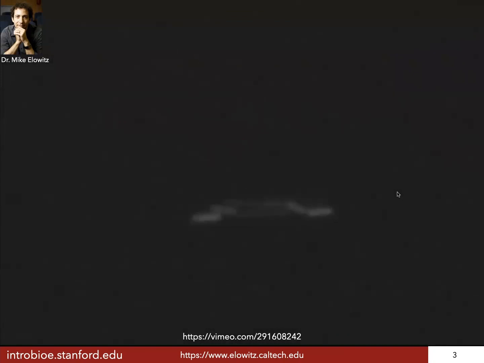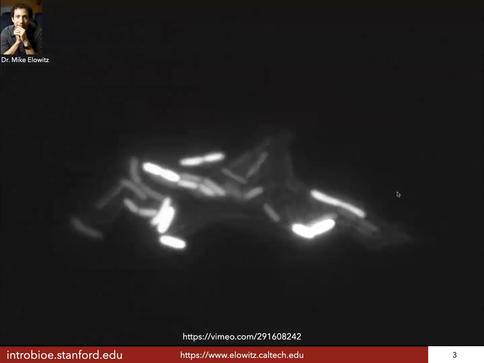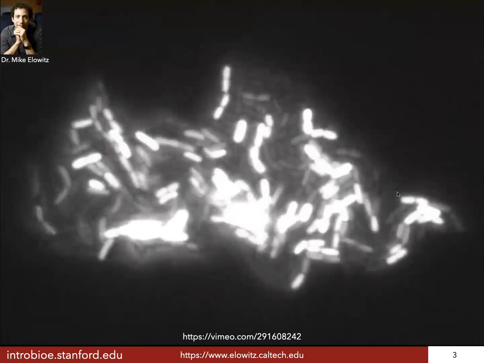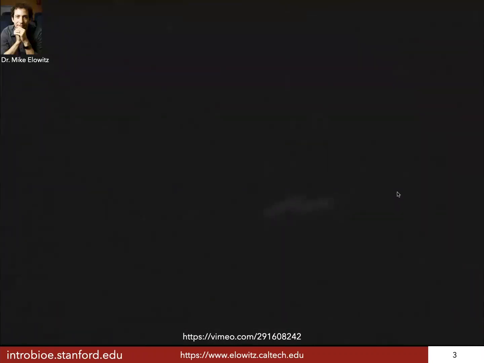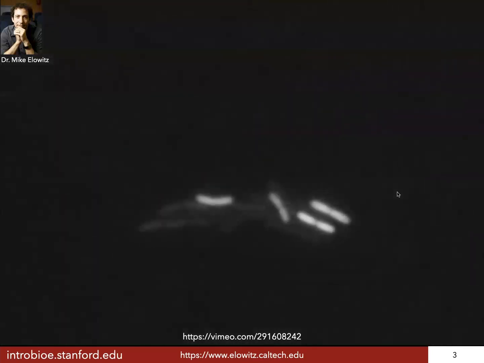The other thing, of course, that's happening in the background that makes it a little bit confusing, but we're going to appreciate it, is that the cells are also growing and dividing. And so the way this works is at the beginning of the movie, in the very center of the screen, there's just 1 or 2 cells. And then every time they grow and divide, they make 2 cells, make 4 cells, make 8 cells, make 16 cells, make 32 cells, make 64 cells, right?